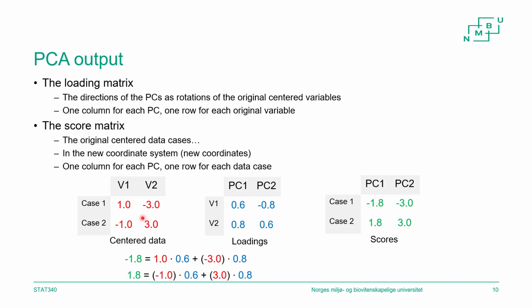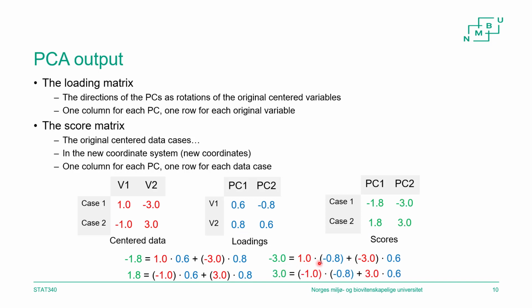And the same for the second one. Then you take this row and rotate it with the same principal component, right? So these are the values you have when you project onto the original V1, V2 axis. But now we rotate the axis using this one, and then we get new scores here, 1.8 along this PC1 axis. And the same, of course, for the PC2 axis.